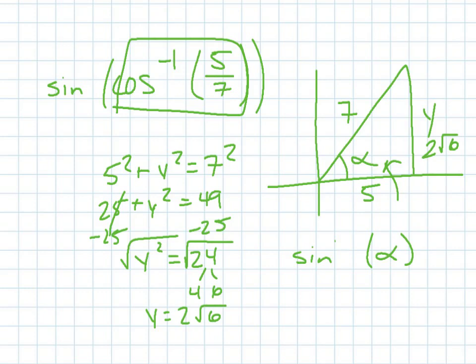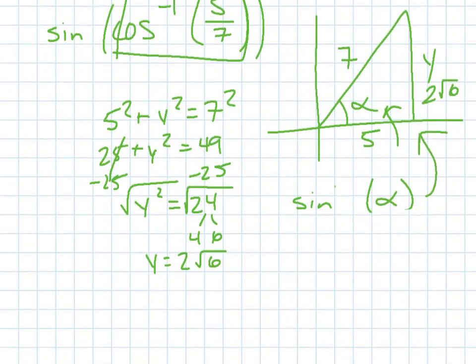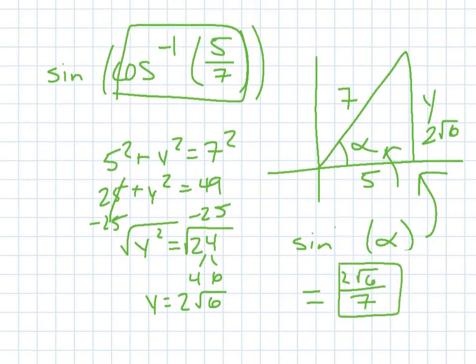Yay, we found the angle of alpha. So now sine of alpha would be the ratio that comes from this triangle. So now alpha would be the opposite over the hypotenuse for our sine, so 2 square root of 6 over 7. And so that would be the answer.